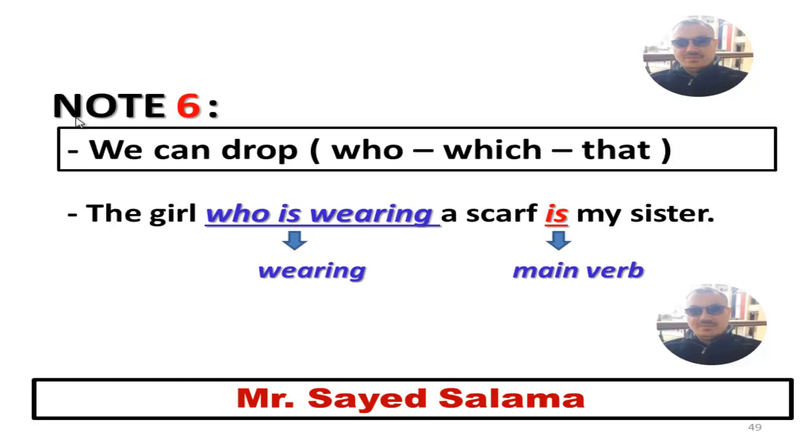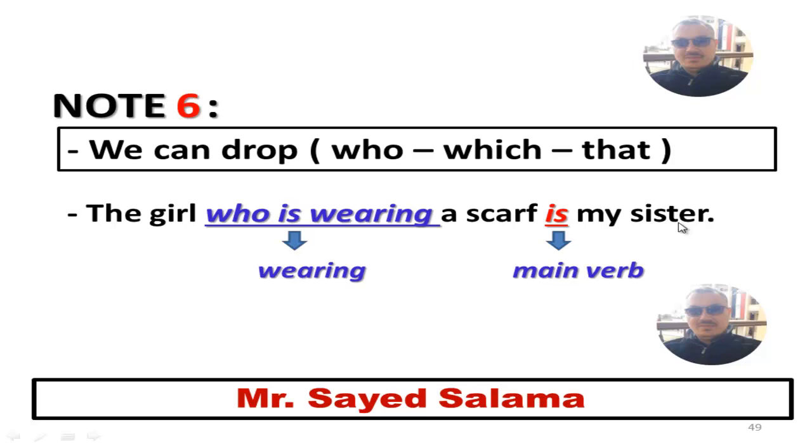For example, the girl who is wearing a scarf is my sister. البنت اللي لابسة شرب أو تحجيبة is my sister. لو نلاحظ ان الجملة who is wearing a scarf، الجملة دي ممكن تتحذف خالص بدليل ان الفعل ما هو عندي is. The girl is my sister, and this is a complete meaning، معنى كامل. So who is wearing ممكن تتحذف تماما ونقول نكتفي بال ing.